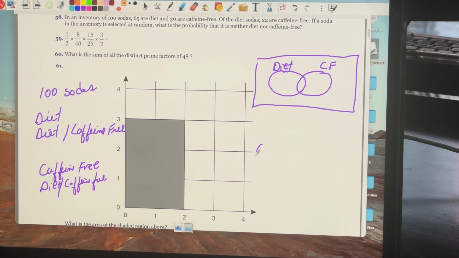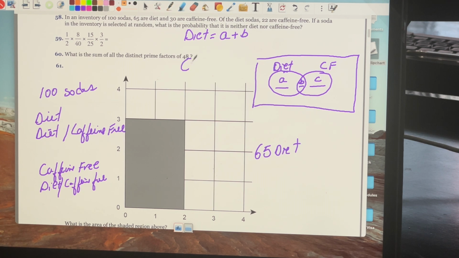It says 65 are diet, which means that in this diet circle, including that space, there's 3 numbers we have to look at. So the diet, and let me call it A, B, and C. Diet sodas are the A and the B. So the A represents sodas that are only diet, and B represents sodas that are diet and caffeine free.